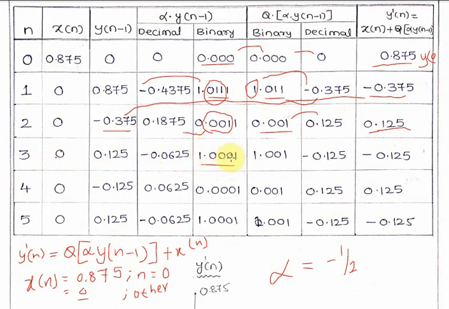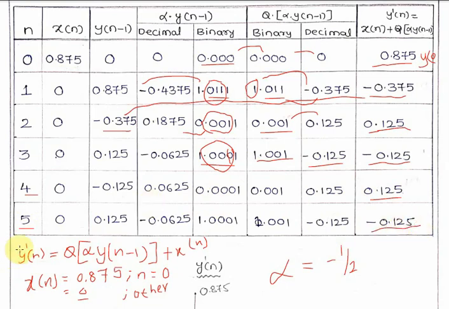If we quantize or round off this value, it becomes 1.001, that is minus 0.125. If we add x of n and Q of alpha into y of n minus 1, we get minus 0.125. Similarly, when n is equal to 4, y dash of n value is 0.125. When n is equal to 5, y dash of n is equal to minus 0.125.